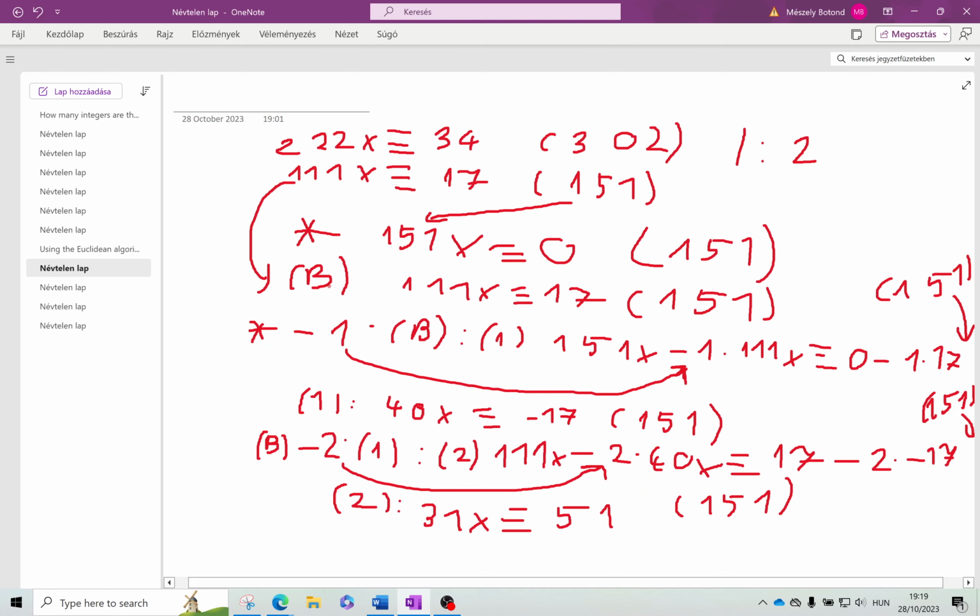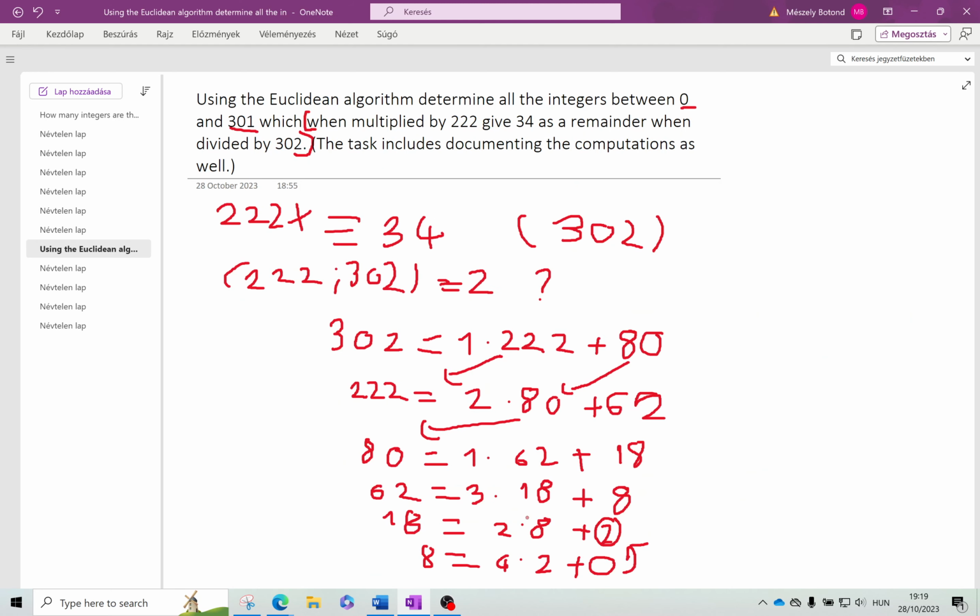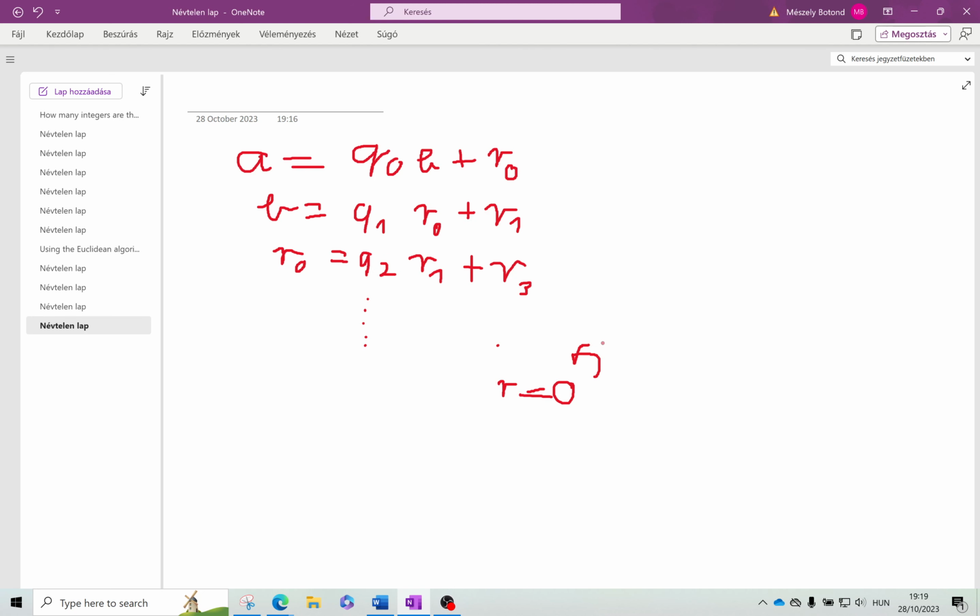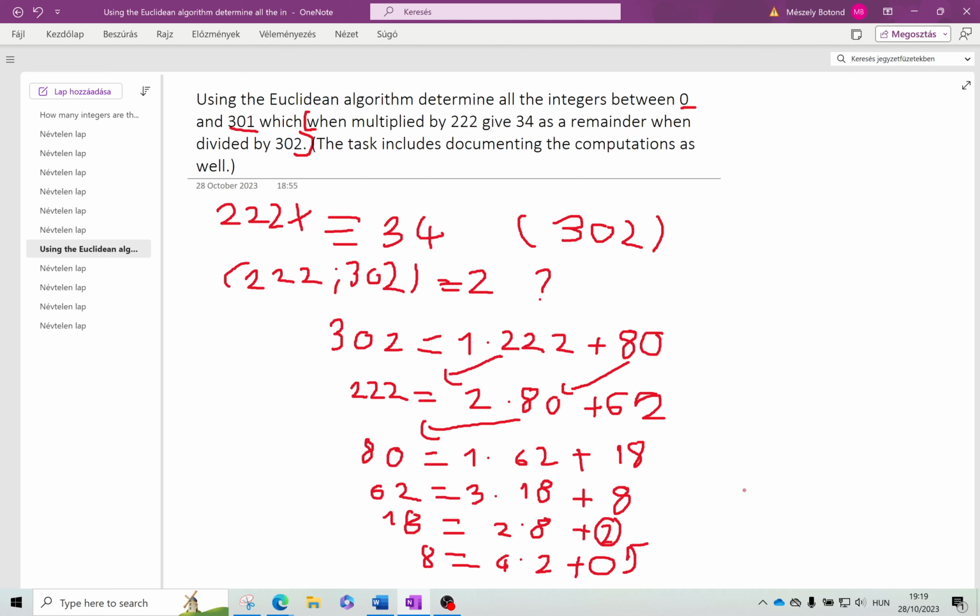So this is how you use it. These are the R's in this equation, and you go until you find 0, and you take the remainder before that. So in this case 2, and that will be the smallest common divisor.